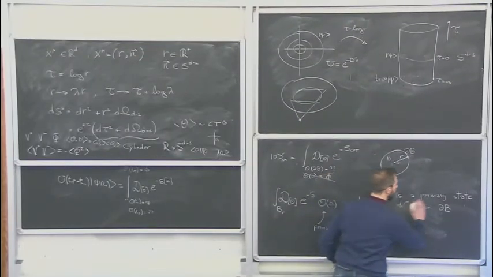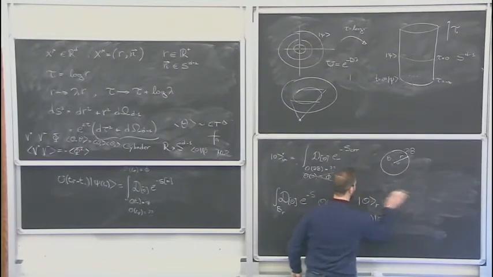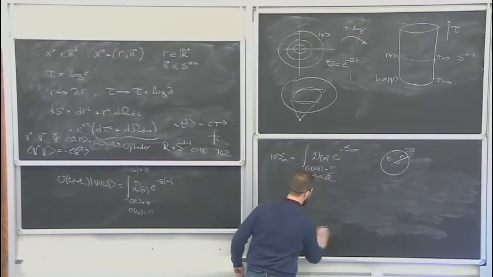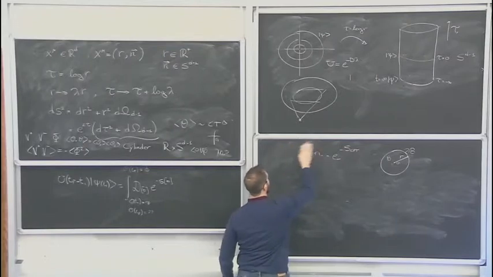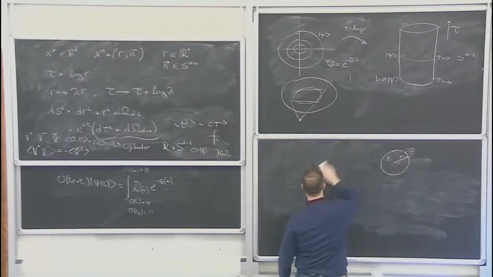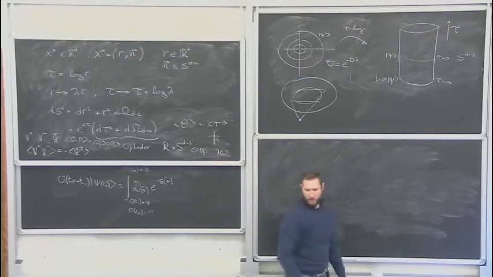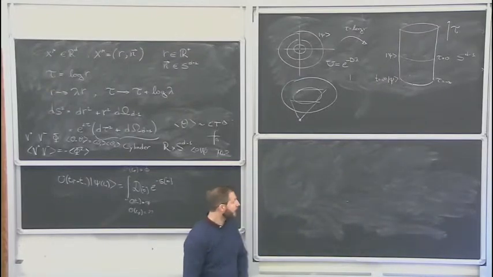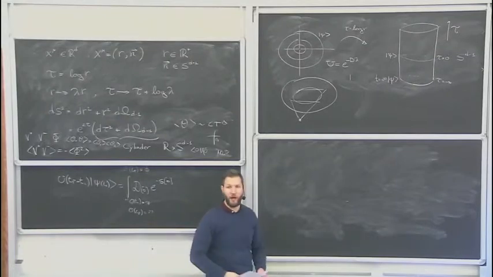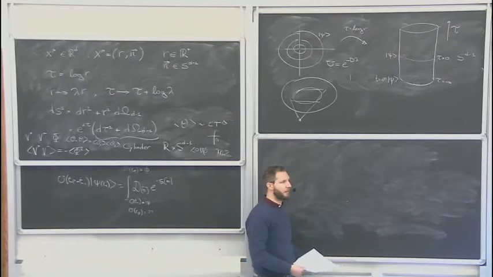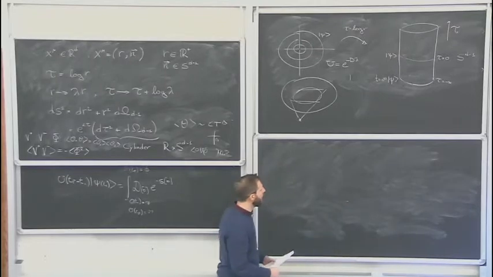The reason is a consequence of Weyl invariance. If you remember yesterday, we said that in a conformal field theory, the trace of the energy-momentum tensor has to vanish, and this implies invariance under infinitesimal Weyl transformation.